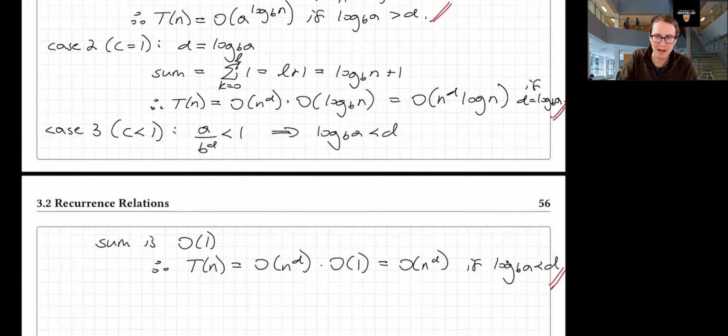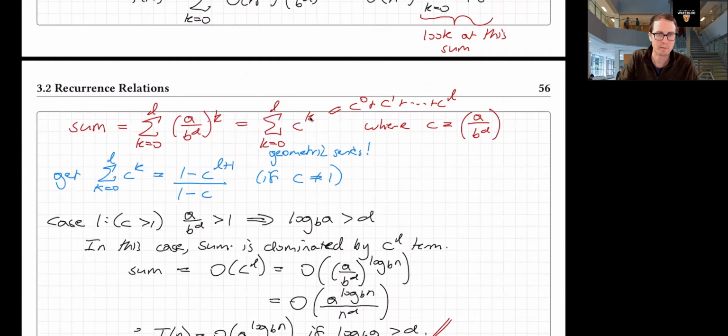And these three match exactly our expression up here.